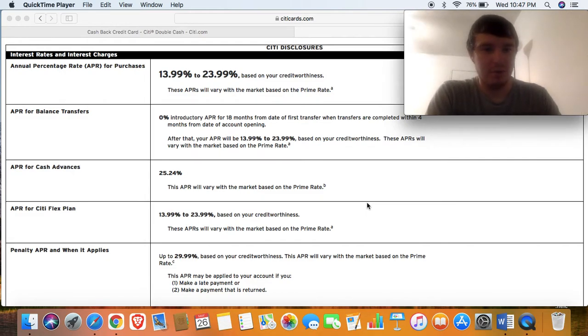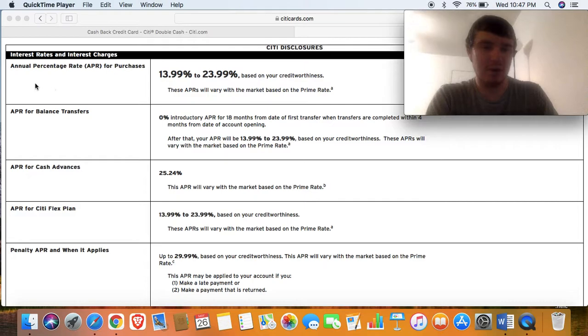So what I'm going to do is we're just going to take a look at this Citi Double Cash card's terms. Now, most credit cards will follow this same format. It won't be one to one exact, but it'll be pretty close. So y'all will get an idea, by me going over this, of what to expect.